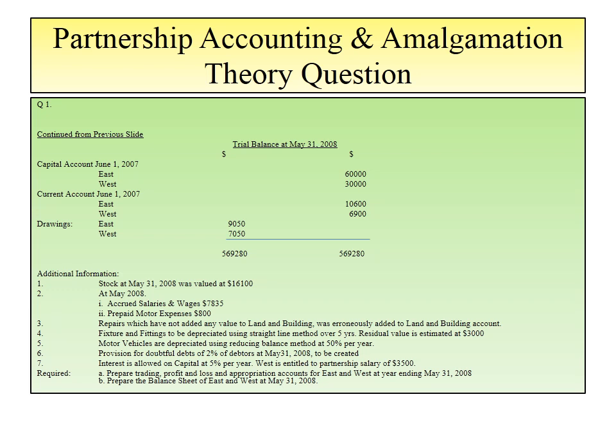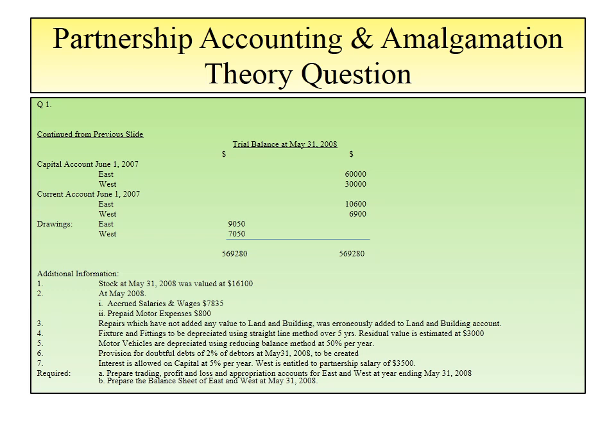Fixtures and fittings are to be depreciated using the straight line method over 5 years. The residual value is estimated at $3,000. Motor vehicles are depreciated using the reducing balance method at 50% per year, and a provision for doubtful debts of 2% of debtors at May 31, 2008 is to be created.